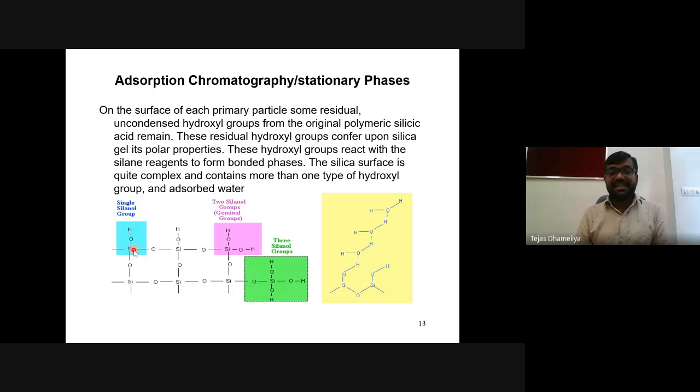Why are they termed silanols? Sila stands for silicon, and ol stands for hydroxy groups. The hydroxy groups present over here make hydrogen bonds, and these hydrogen bonds can interact with water molecules.